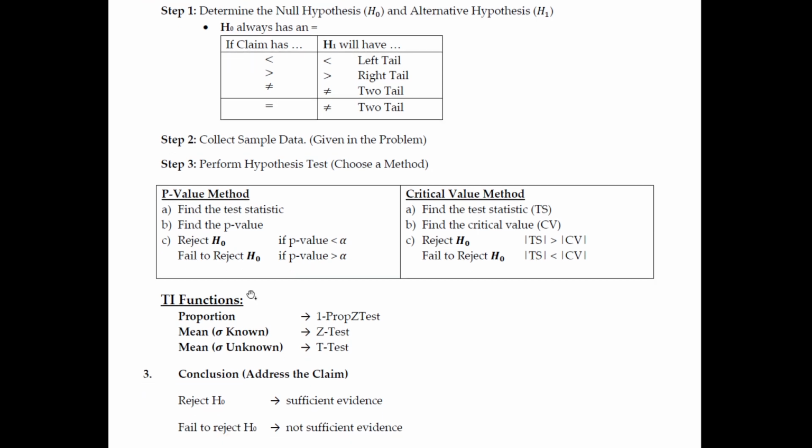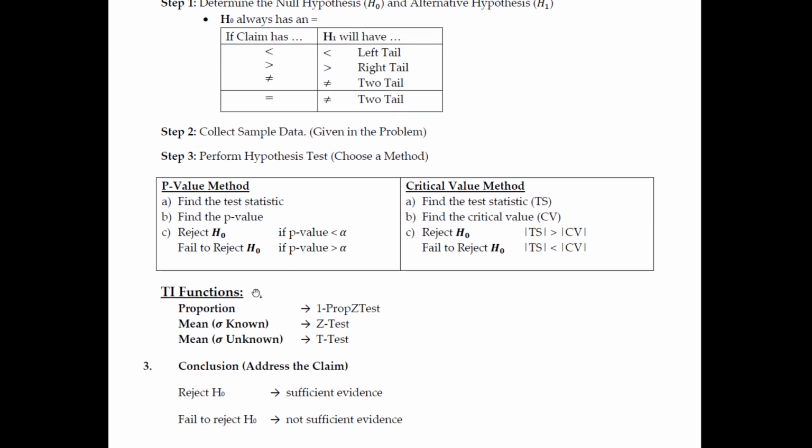We also looked at three functions for doing a lot of the calculations in the hypothesis test. We already looked at one, prop z-test, which was for proportion. In this video, we're going to look at two other functions, the z-test and the t-test, and those two functions are for a hypothesis test for a population mean.